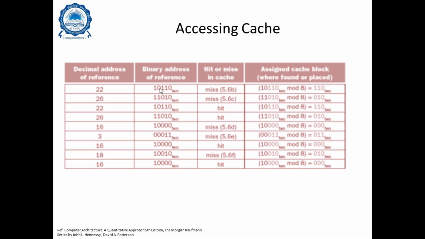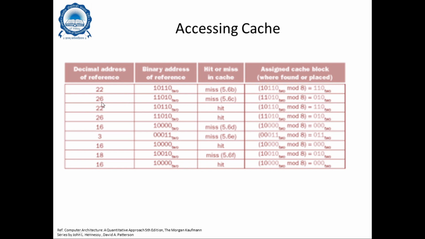The next one is 01011. This is again a new address, so again it's a miss because this entry doesn't appear in the cache initially. So the assigned cache block will be 01011 mod 8, and again it is the lower order 3 bits, which is 010.